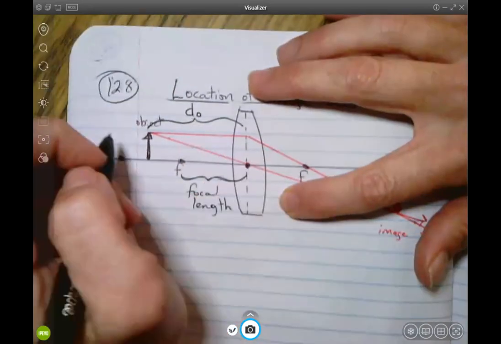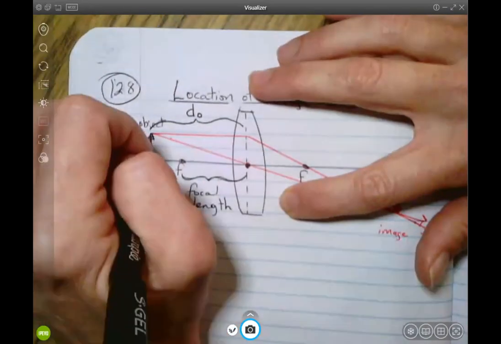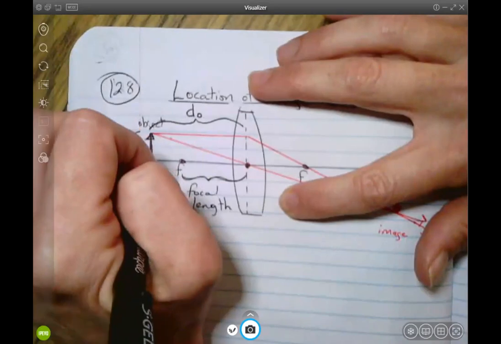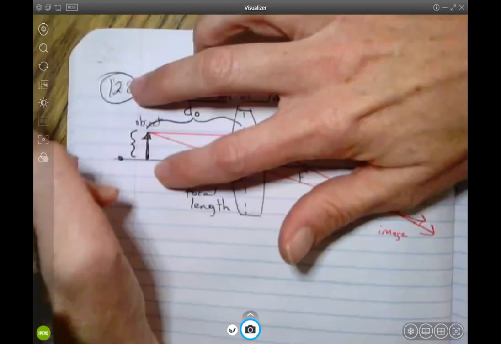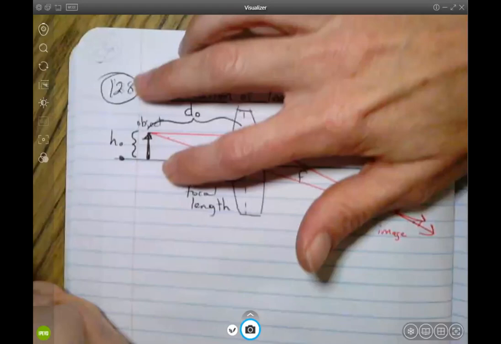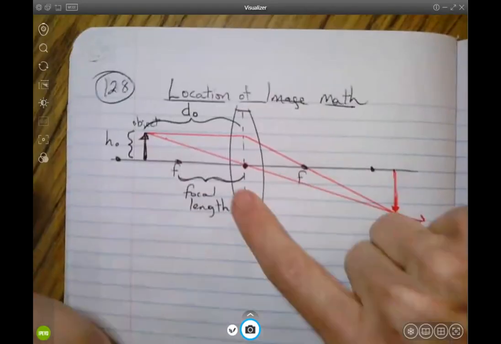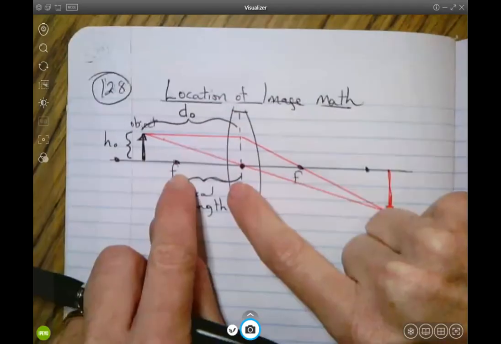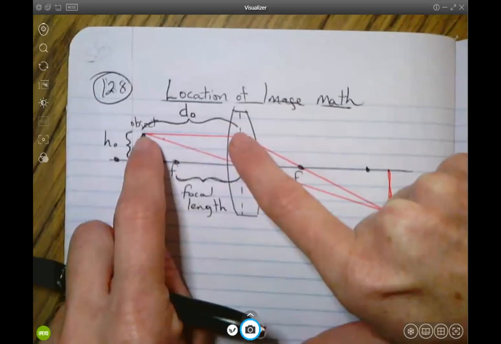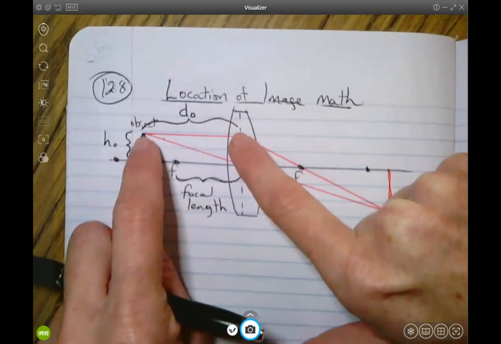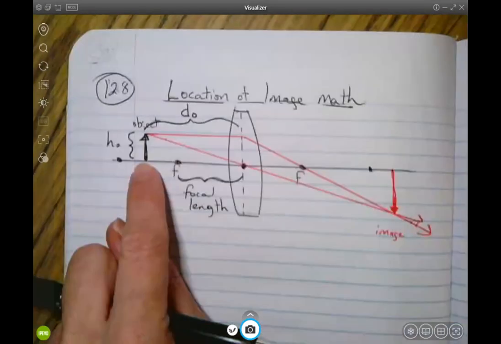Now, we can also look at what's called the height of the object, and that is HO. Okay, so let's go back through this. We have the length to the focal point, this focal length. We have the distance of the object, that's DO, and we have the height of the object, that's HO. All right, is everybody with me?